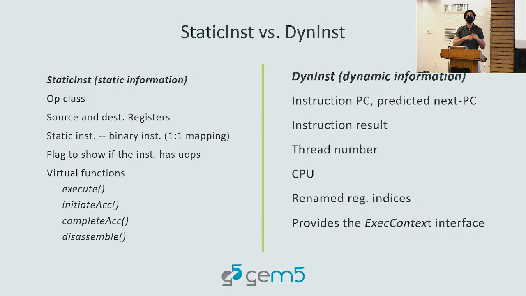If you have renamed the static registers, then the rename register indices that you renamed the static registers to. So any other thing you can think of, which is dynamic information about an instruction, will usually be in the dynamic inst class, which is itself just a type of execution interface.